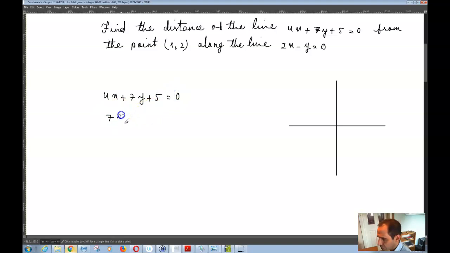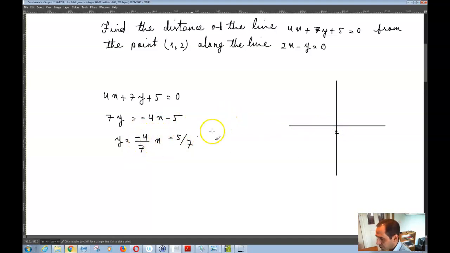You can write this as 7y is equal to negative 4x minus 5, and y is equal to negative 4/7 x minus 5/7. So negative 5/7 is your y-intercept, which is some point over here.